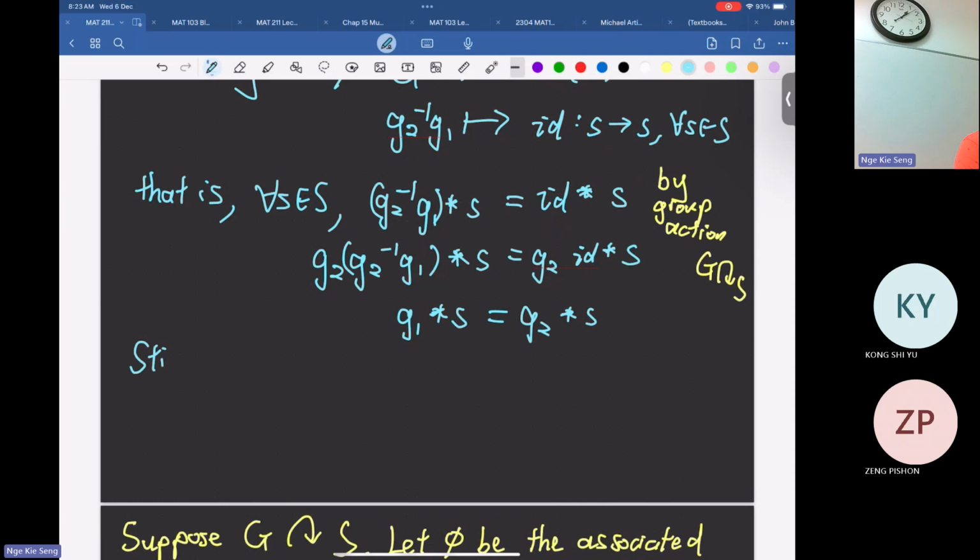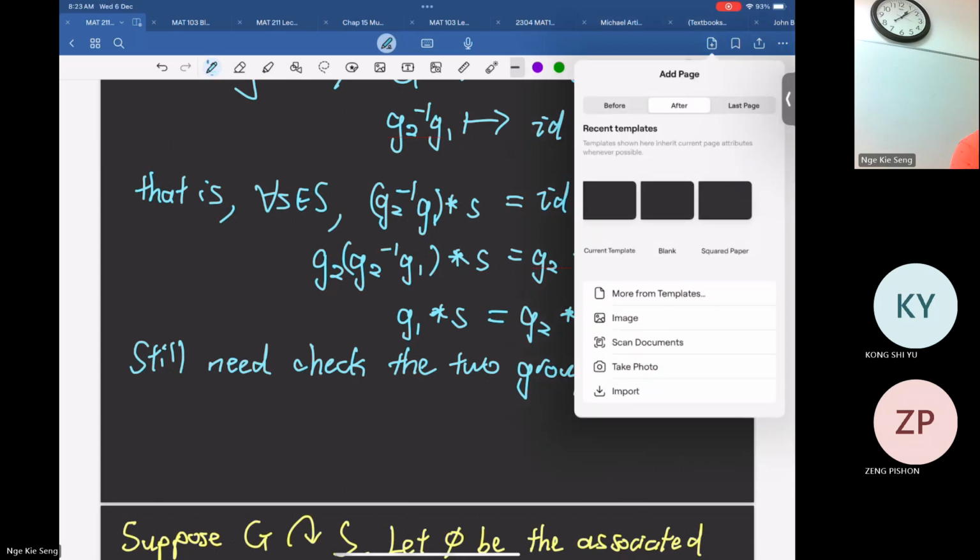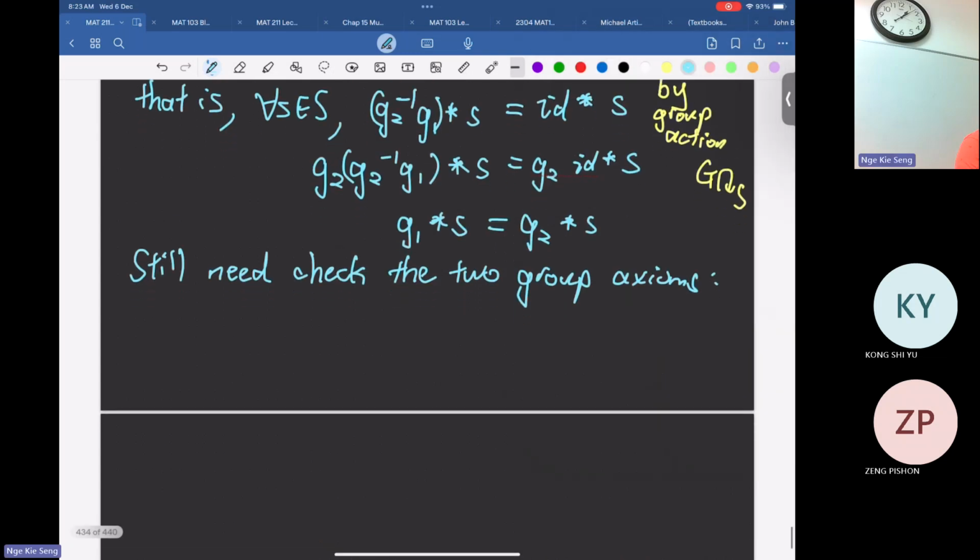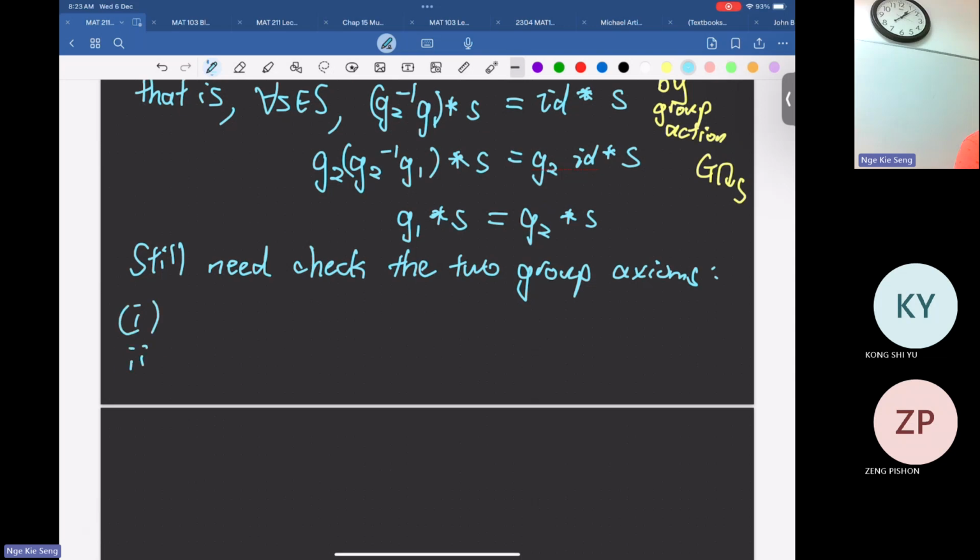And then we need to check the group axioms, right? So we still need to check the two group axioms here.